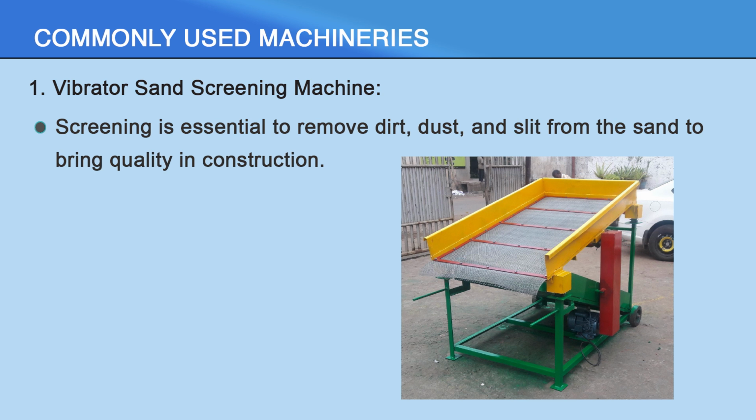Screening is essential to remove dirt, dust, and silt from the sand to bring quality in construction. It has the following features. It can sieve both dry as well as wet sand in an effective manner. It avoids sand wastage, and its eccentric shaft creates vibration.